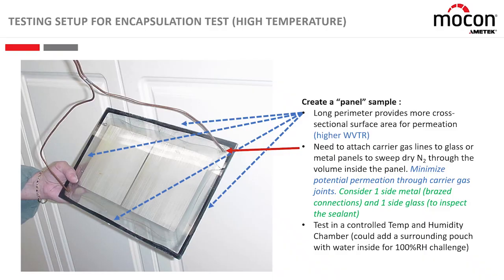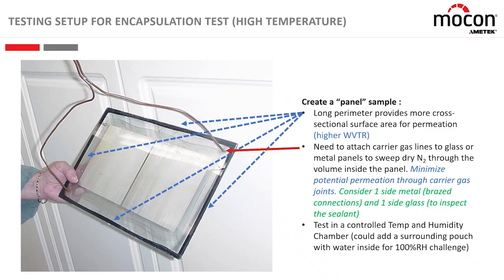Here we use an epoxy, but if you don't want to use epoxy, you can't use epoxy, or you may doubt, geez, could I be permeating in through these little epoxy joints? Maybe use metal instead. Maybe have brass or steel or something, and weld or braze in this line. That way you've got a great seal that you're not worried about, but have maybe glass on the other side.